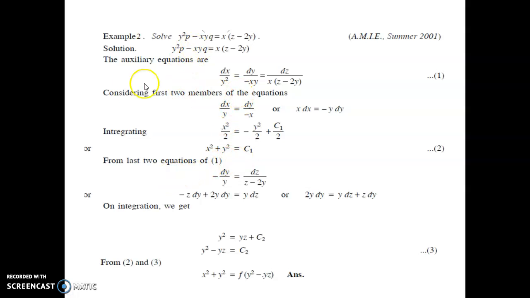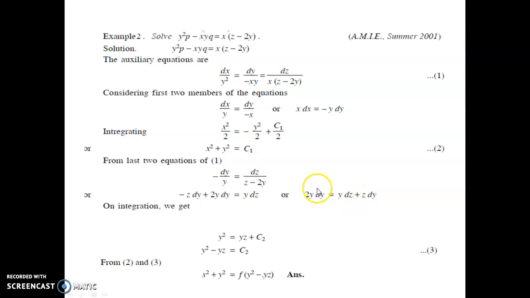Now from the last two parts, if you compare, we get this type of situation. It is not directly integrable, so you have to separate the terms if it is possible. You have this type of situation: z dy plus y dz equal to 2y dy. Now you are taking terms of y on one side and others on the other side, but here again don't confuse it.